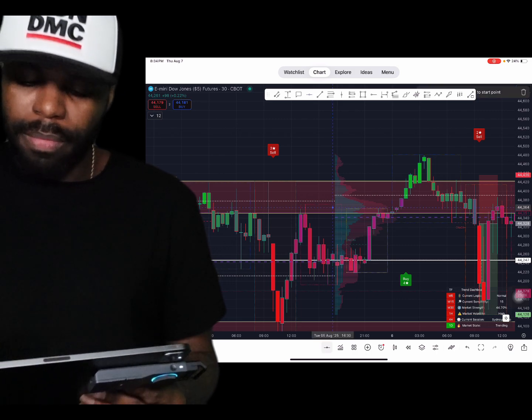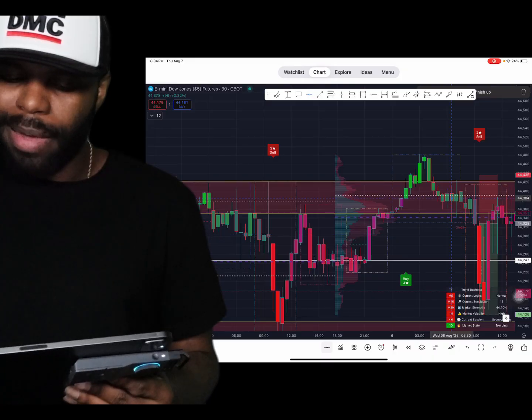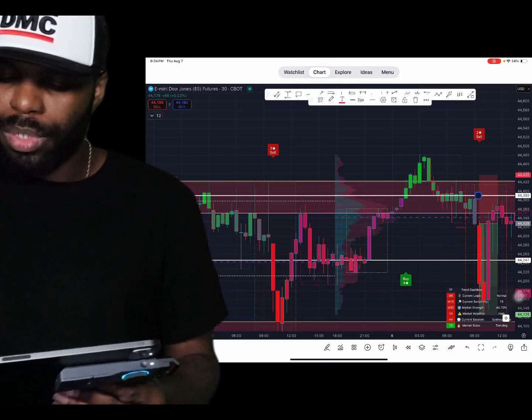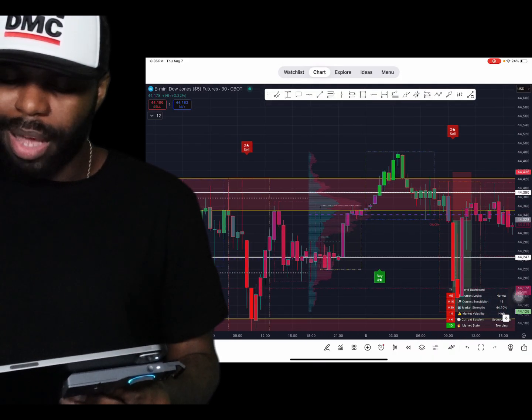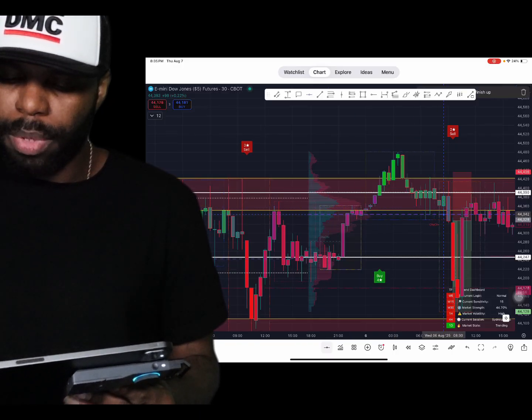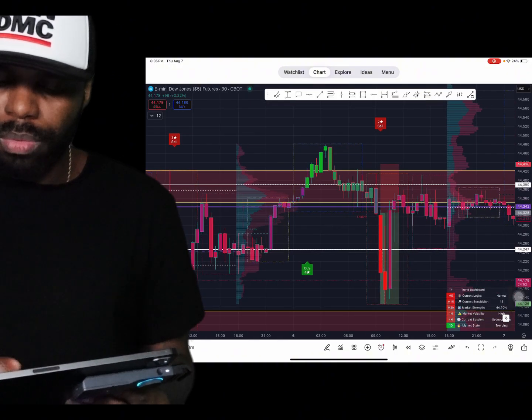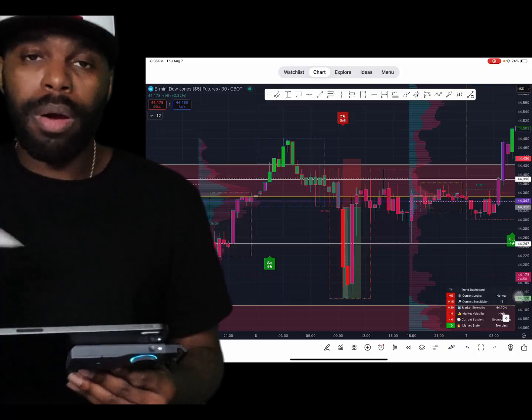I'm going to mark up my value area low, which is that white horizontal line, then my value area high, which is that white line at the top. Then I'm going to mark up my point of control, which is the purple line right here. I'm going to make that purple. This is going to be my point of control.